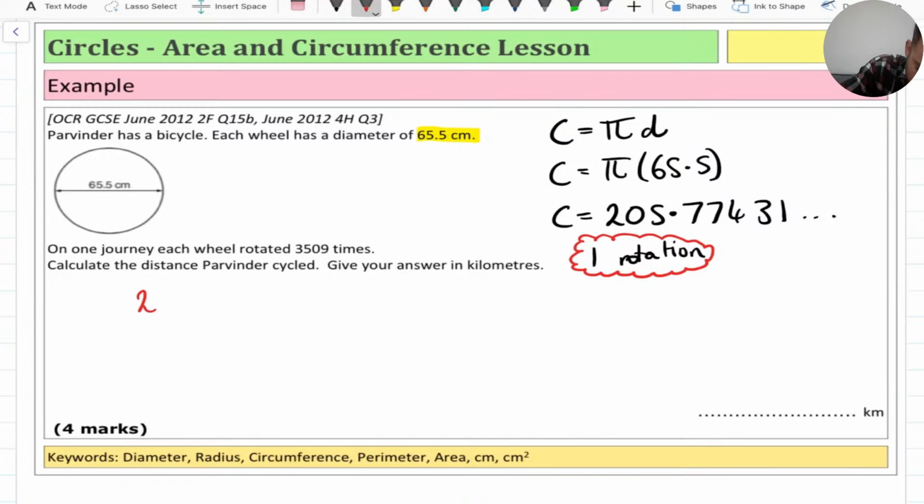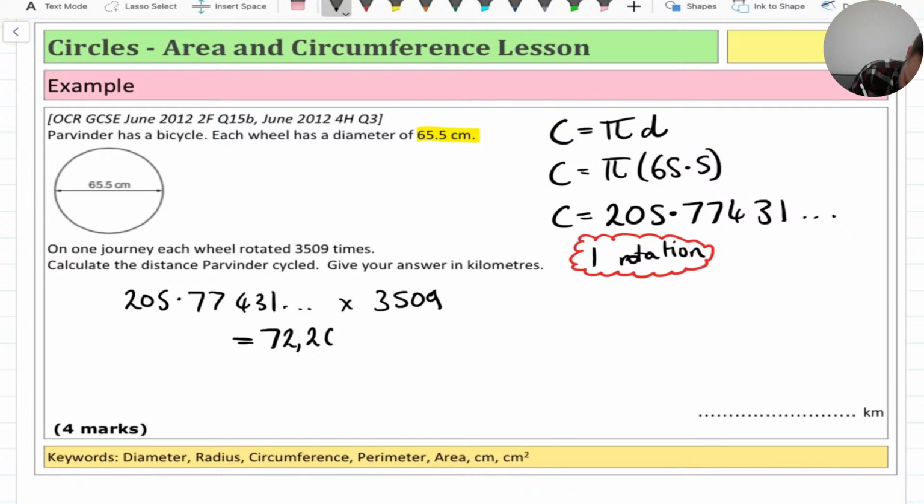So 205.77431 times by 3,509, which is equal to 722,062.08.